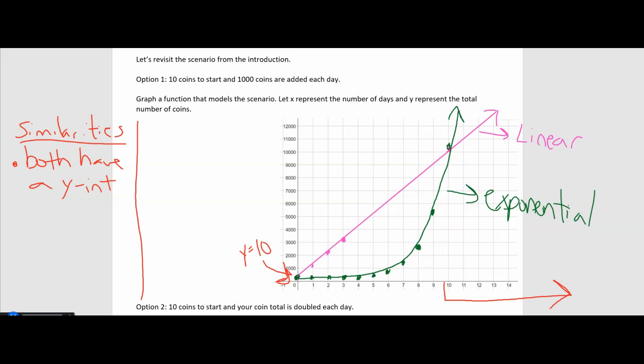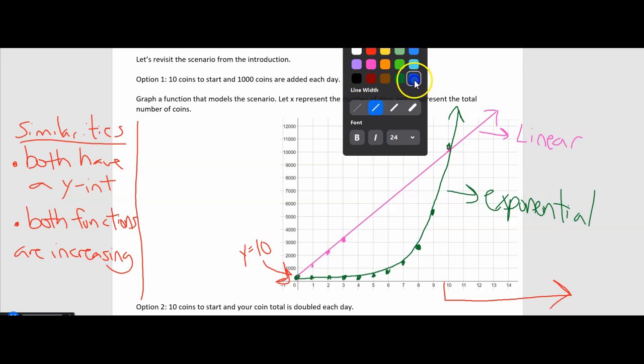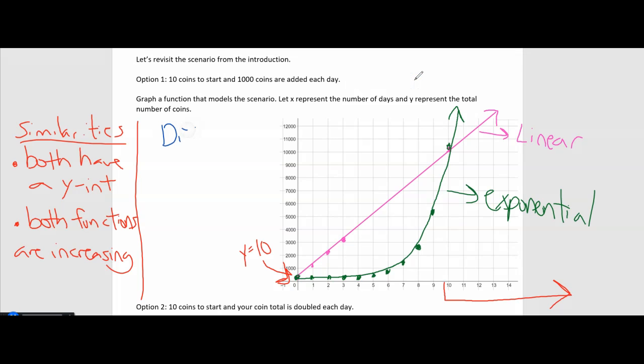Right? That's our y-intercept. Both functions are increasing, right? The y values are getting larger. They're getting more positive in both functions. So both functions are increasing. That's another similarity. Now we need to talk about the differences.